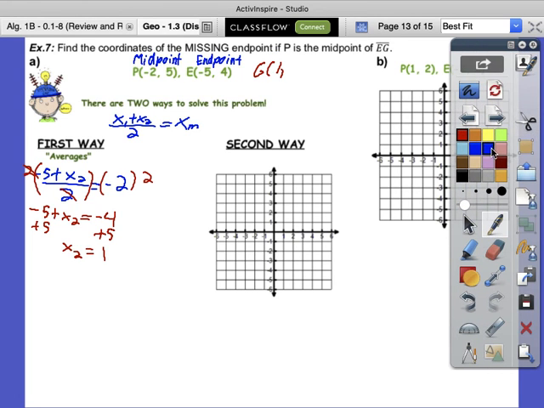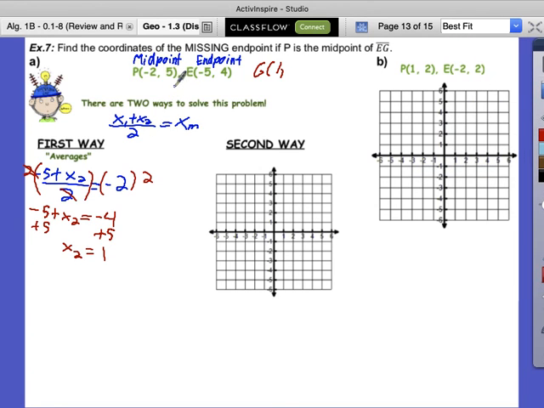In order to find what it is, we need to do the same thing but with the y's. So we'll fill in the same thing with our y's now. So we know an endpoint is 4. We don't know the other endpoint, so y2. We know we're going to divide by 2, and we know it's going to equal the midpoint of the y, which we know to be 5 because we're given the midpoint.